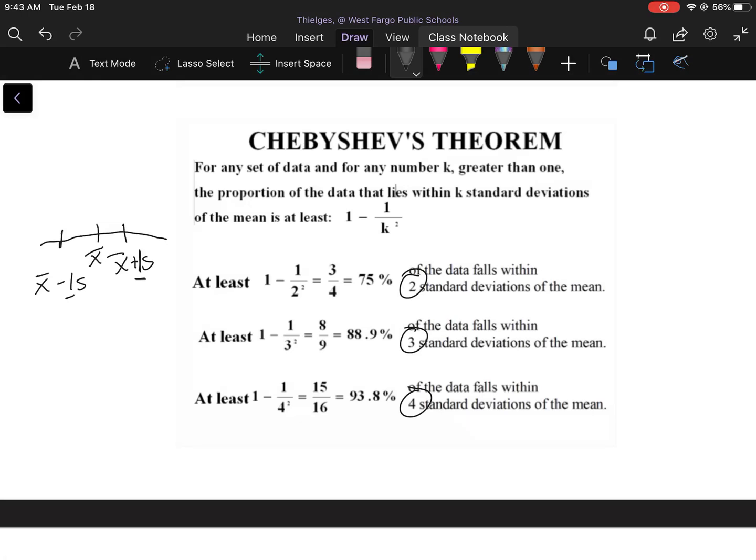And the expression is 1 minus 1 over k squared. So when you put in 2 you get 1 minus a fourth, so 3/4, 75%. So it's saying that at least 75% of the data will lie between these two numbers. Put in a 3, work it out, and it's 8/9, so it will be 88.9%. And 4 will get you 93.8%.